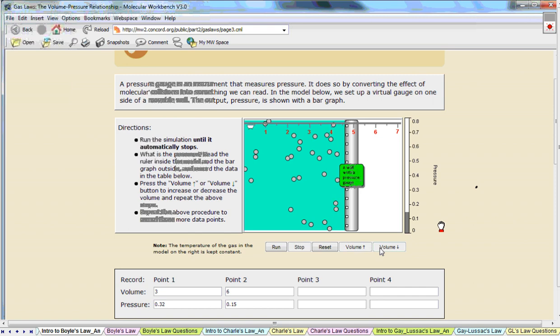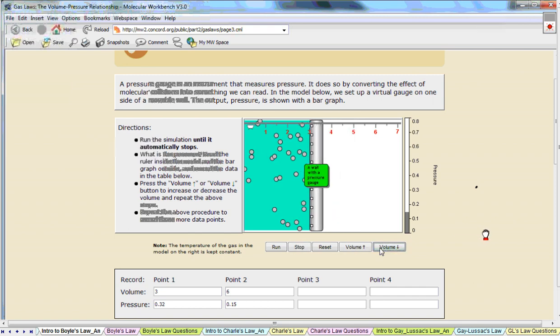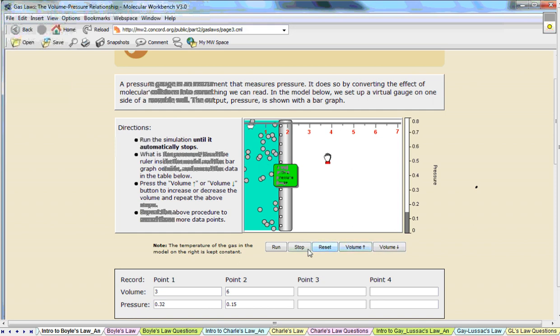Next, for our third point, we're going to decrease the volume. We'll halve the volume from what it initially started at. So we initially start at 3, and we're going to bring it down to 1.5. Right away we can see that the gas particles are now crammed into a much smaller space, so I'm sure we could infer what's going to happen to the pressure. Remember, pressure is dictated by the number of collisions and the force with which those collisions hit the wall of the container.